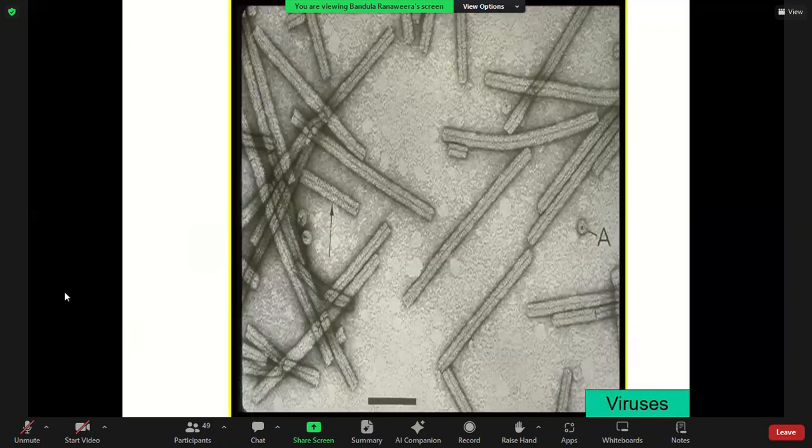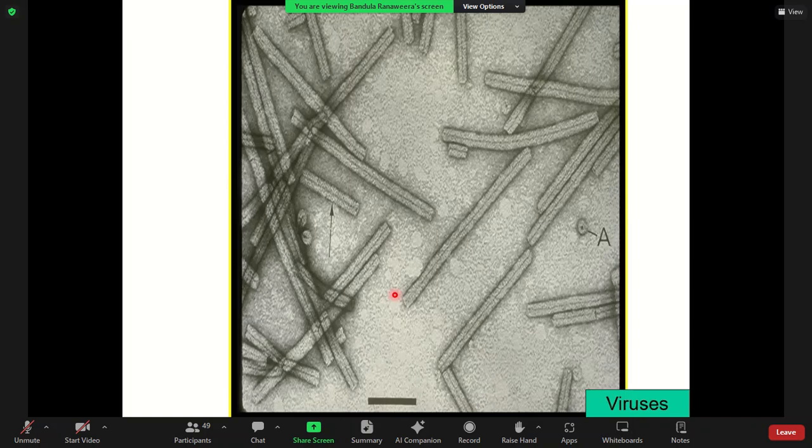Then another group with a simple structure: viruses. We heard about viruses a lot in the last 2-3 years due to the COVID-19 pandemic situation, a human disease caused by a virus.